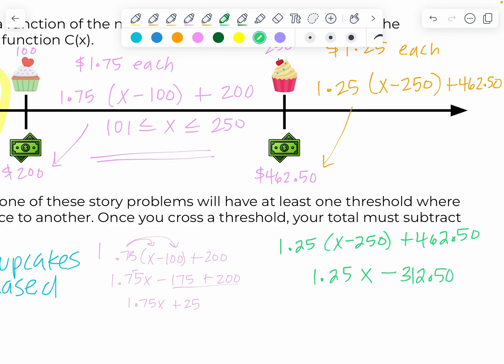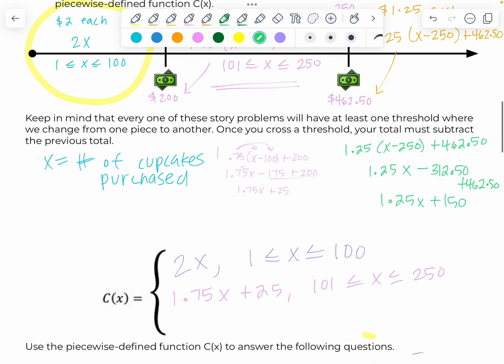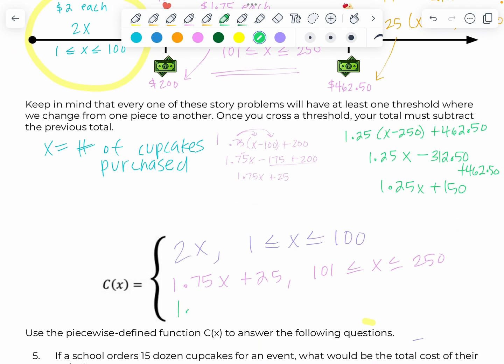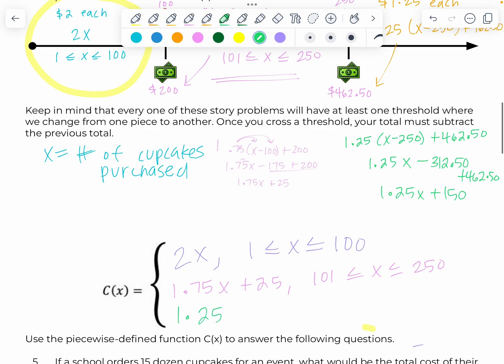And then we still have that plus 462.50. So that's going to simplify to 1.25X plus $150. And that's going to be for any cupcake greater than or equal to cupcake 251.